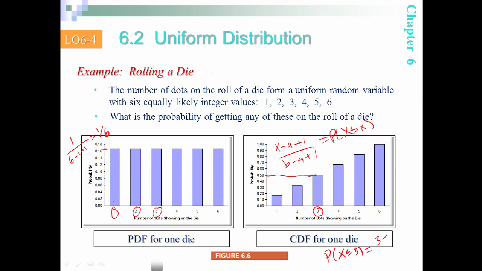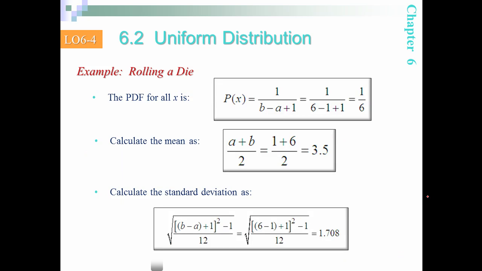It's going to be 3 minus 1 plus 1 divided by 6 minus 1 plus 1, which is 3/6, or a half. And we can see the PDF written out here again as 1 over b minus a plus 1, so 1 over 6.